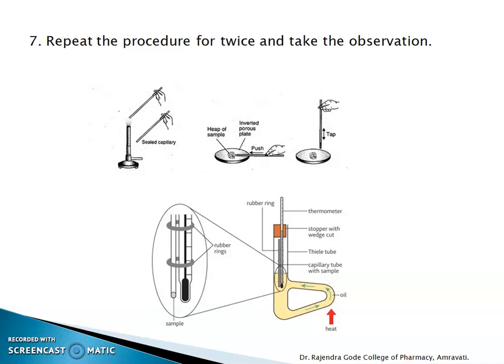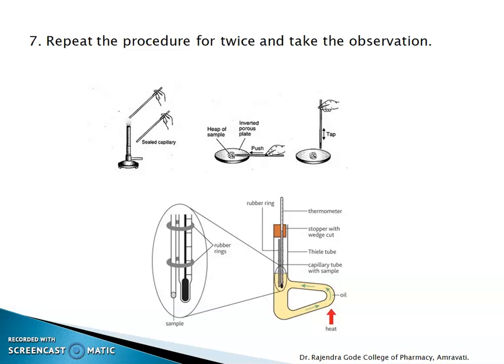Next step, repeat the procedure twice and take the observations. We have to repeat all the process twice, because in a single operation we cannot conclude the melting point of a specific compound.